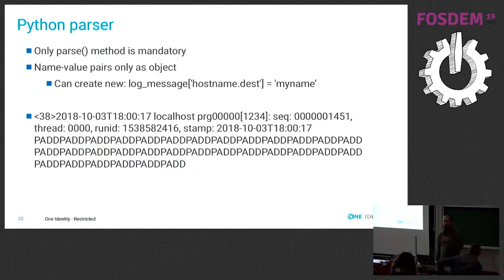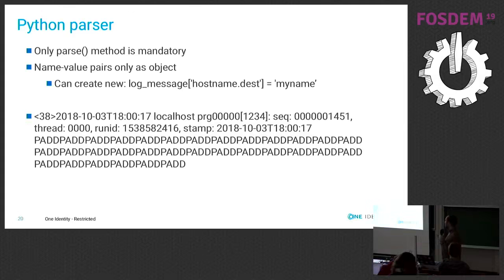The next one is the Python parser, where in the Python code only the parse method is mandatory, and here name-value pairs are available only through an object, and here you can create new name-value pairs as well using this object.